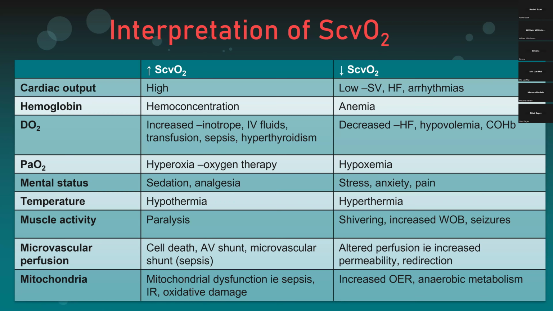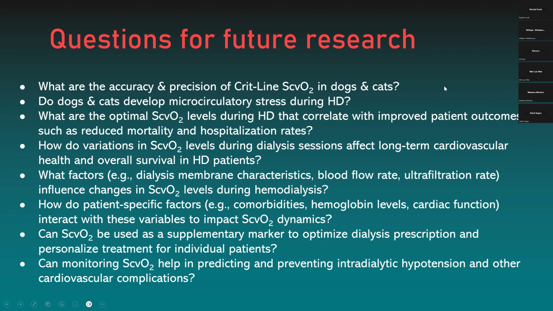So maybe those AKI patients, if we've anesthetized them and placed the catheter and the E-tube for the very first treatment, perhaps when they're recovering from anesthesia, we're going to see different readings to subsequent treatments where they're awake and maybe a bit more restless, or perhaps based on temperature or even microvascular perfusion and what the mitochondria are up to, all of those things that could affect that reading.